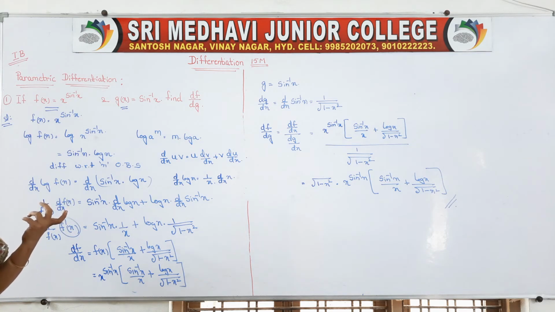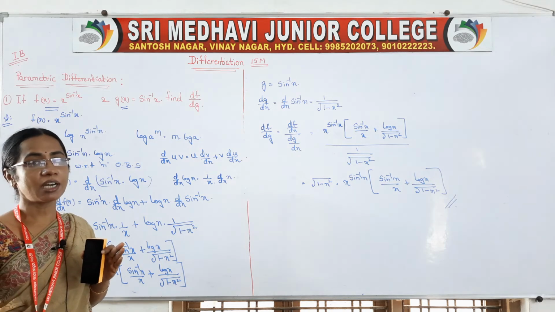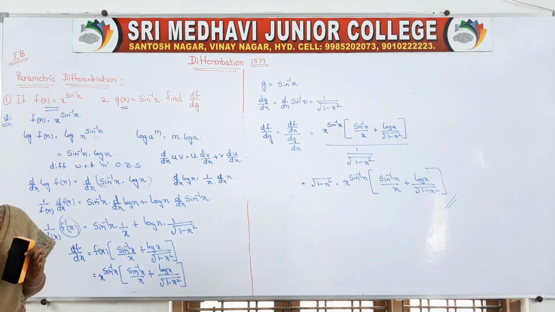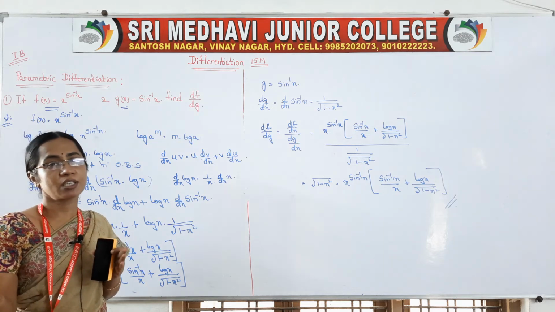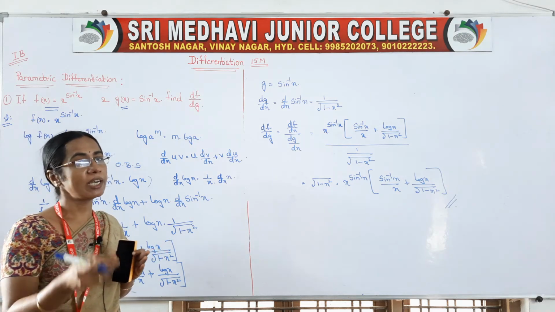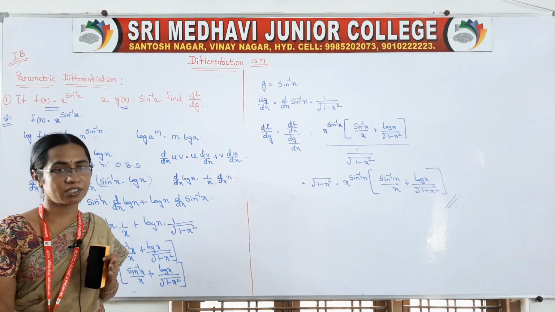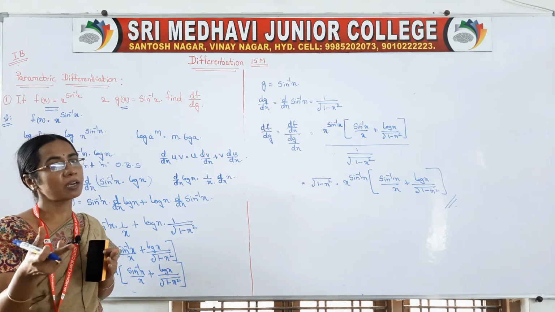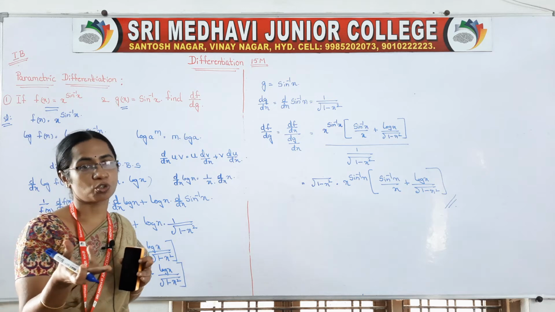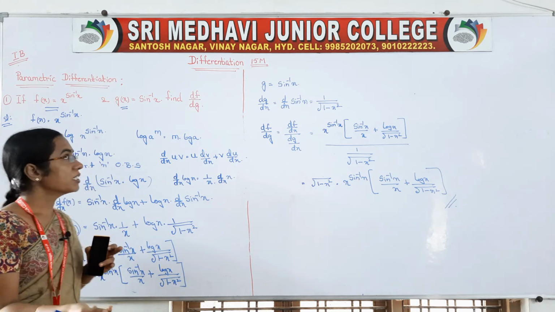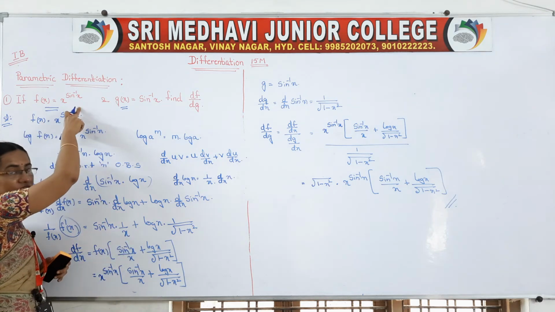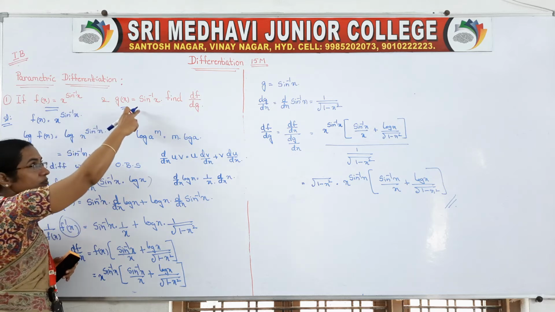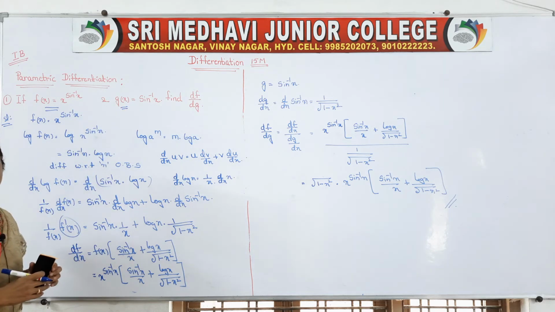So how can we find it? Generally till now we get y equal to one function and find dy by dx, or they give f of x equal to something, find df by dx, or g of x equal to something, find dg by dx. But here in parametric they will give two equations to you. So first find out the first function with respect to x, and the second function with respect to x separately.